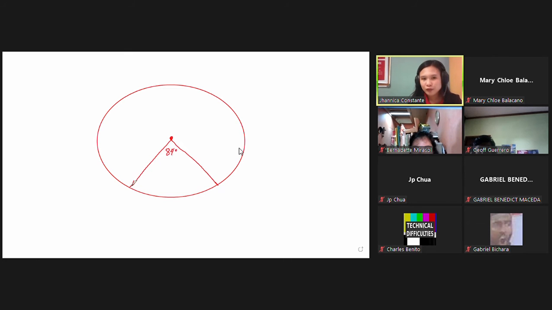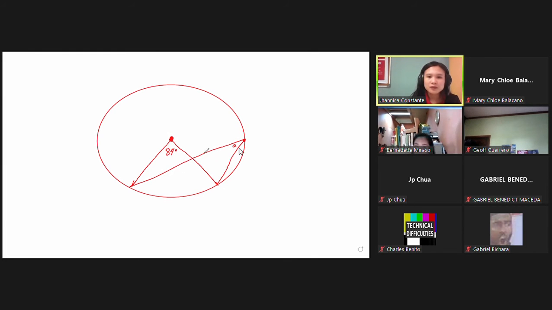And we're going to find the measurement of angle A. So you can see one of the angles is in the center, and one of the angles is in the circumference of our circle.